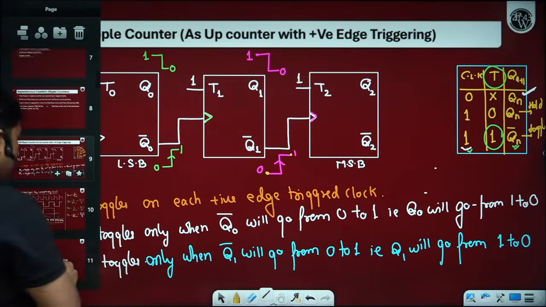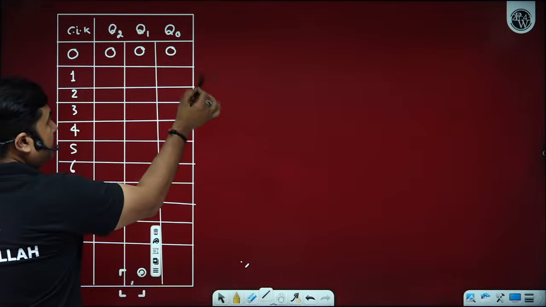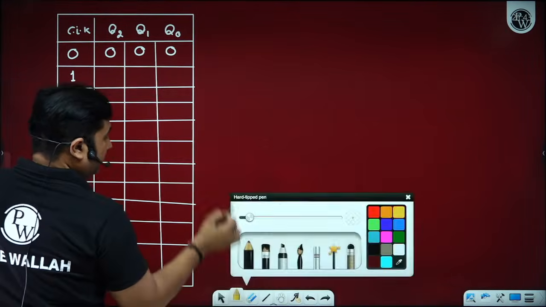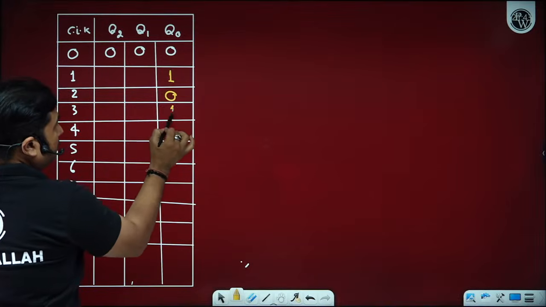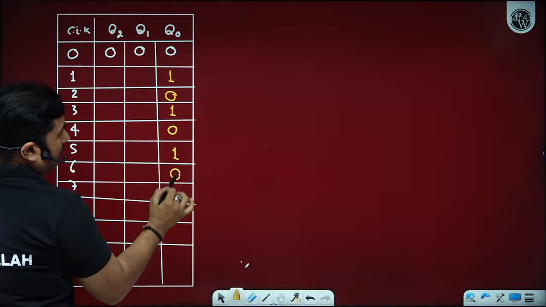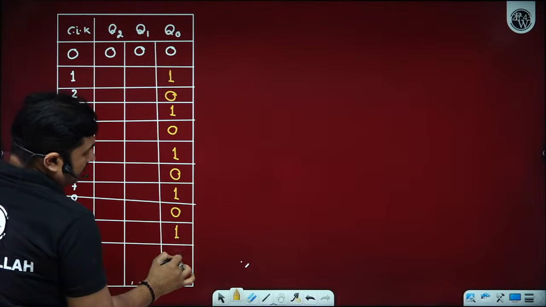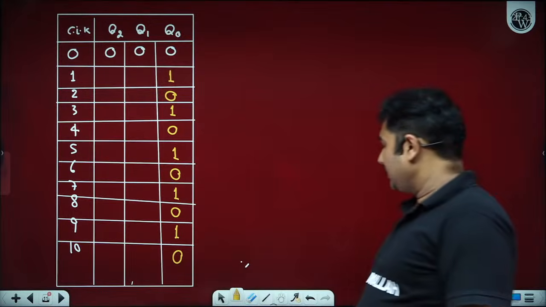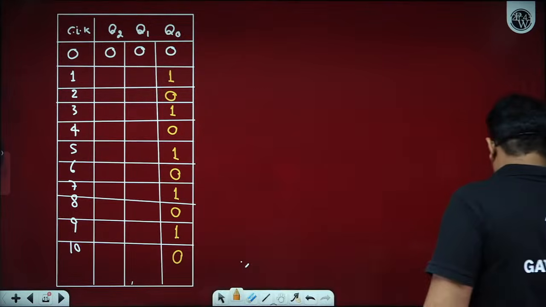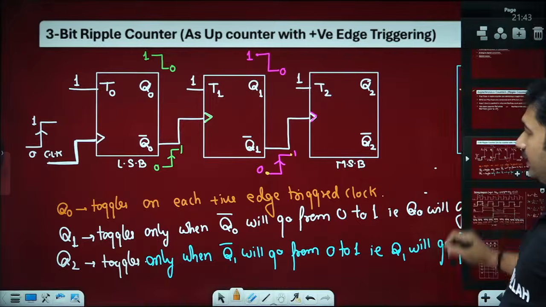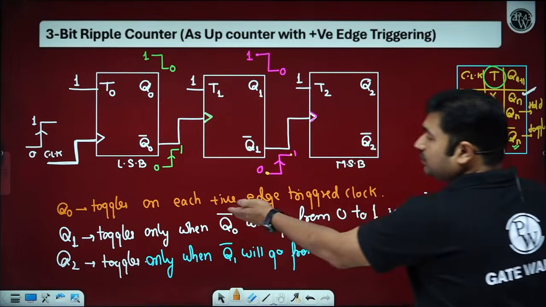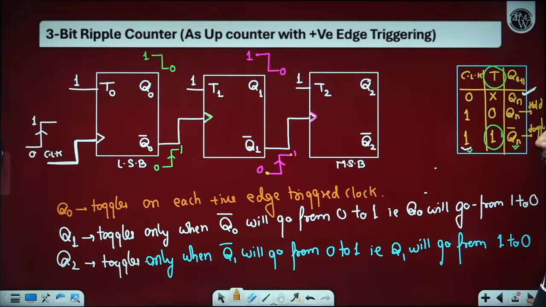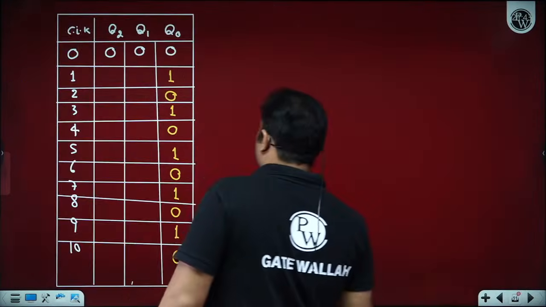If it is 0 on application of the clock, it will become 1. If it is 1, it will become 0. So on every clock pulse, Q0 toggles. From the circuit we have observed that Q1 toggles only when Q0 bar goes from 0 to 1, that is, when Q0 goes from 1 to 0.